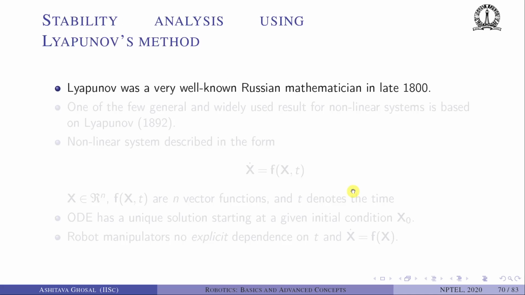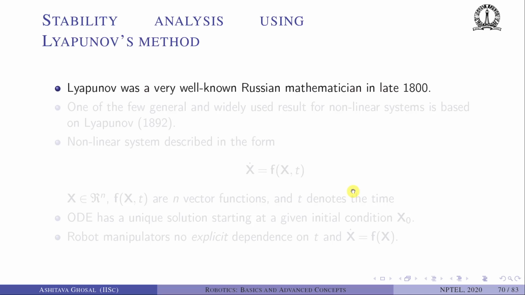So let's look at stability analysis using Lyapunov's method. First, a little bit of history. Lyapunov was a very well-known Russian mathematician in the late 1800s. Think of it, more than 130 or 140 years back.